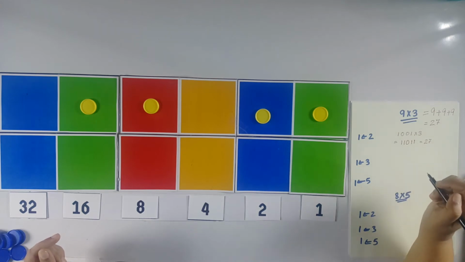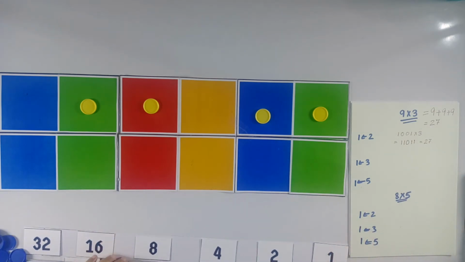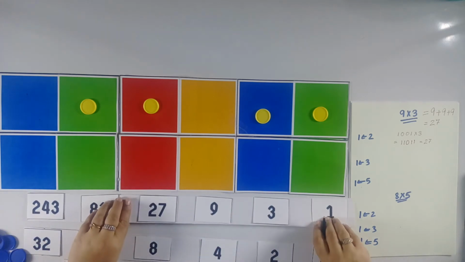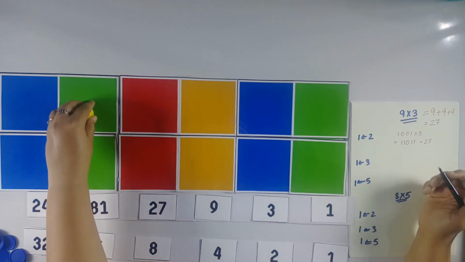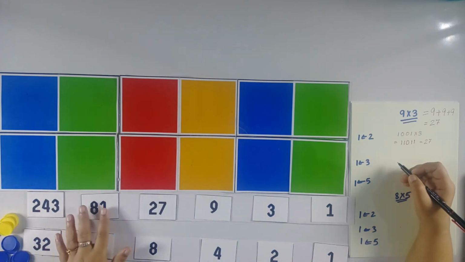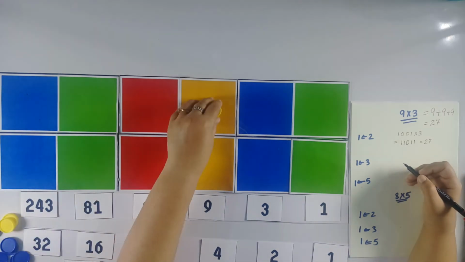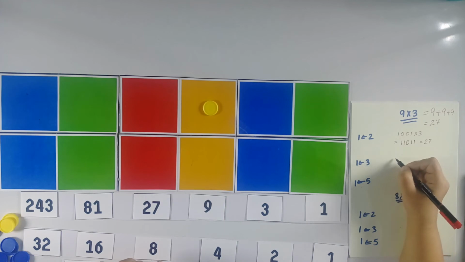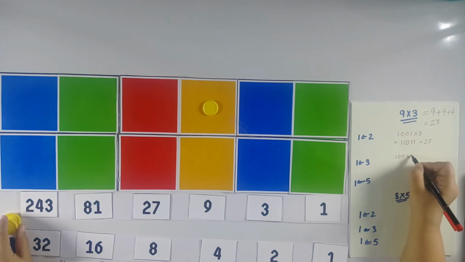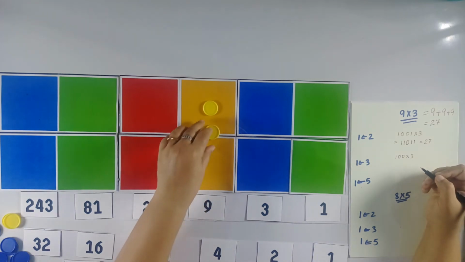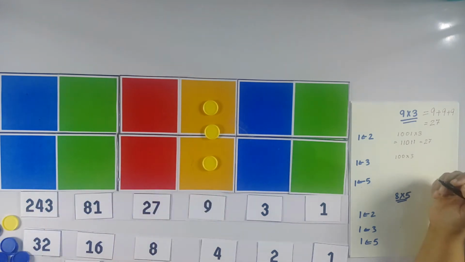which is the code for 27. Okay, what happens when I have the same thing but now I have a 3-1 machine? How would I represent the number 9 in a 3-1 machine? Well, that's simple to do. This is my number 9. So my representation is 1 dot of 9. The representation is 1 0 0. But when I am multiplying by 3, that means I need to repeat the same thing 3 times.